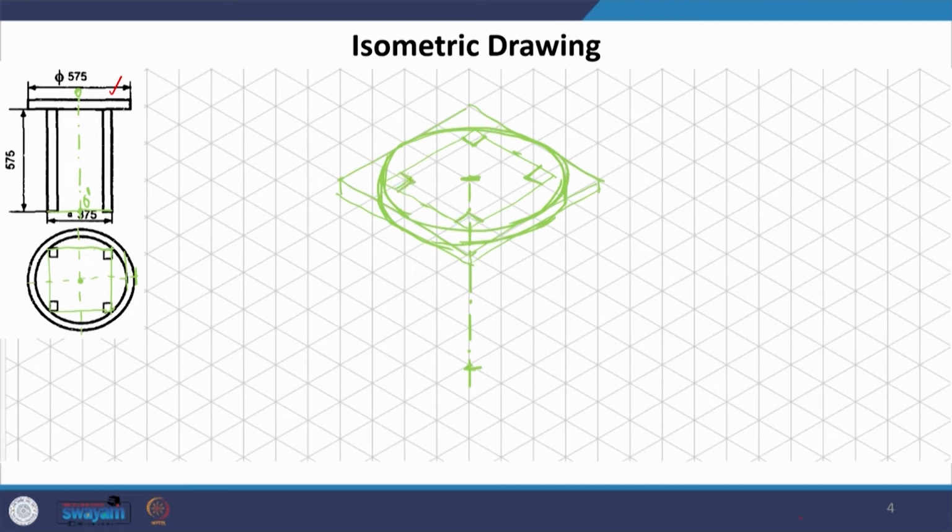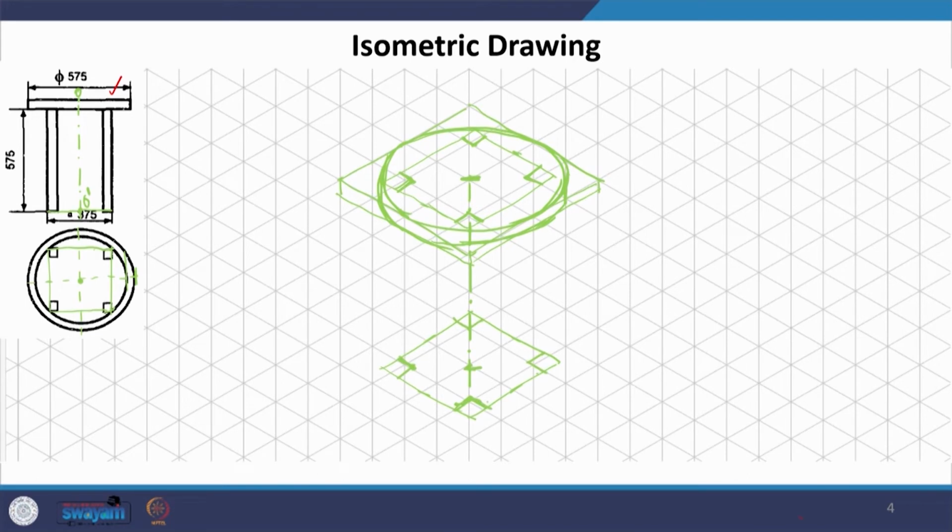So, I marked it in the top, this is the top one. And exactly in the bottom here we will have the same one marked. This is what it is. And marked the legs in the bottom square also.